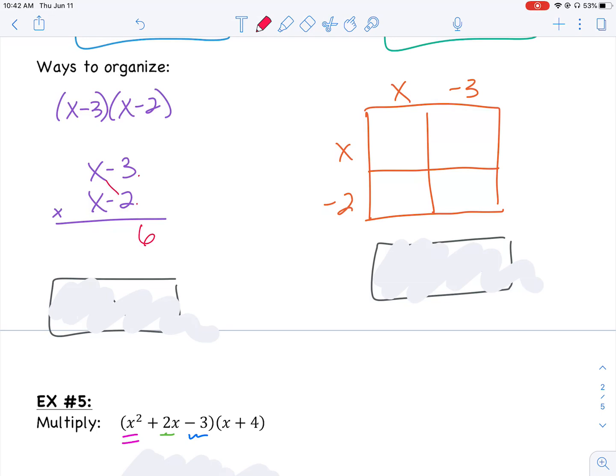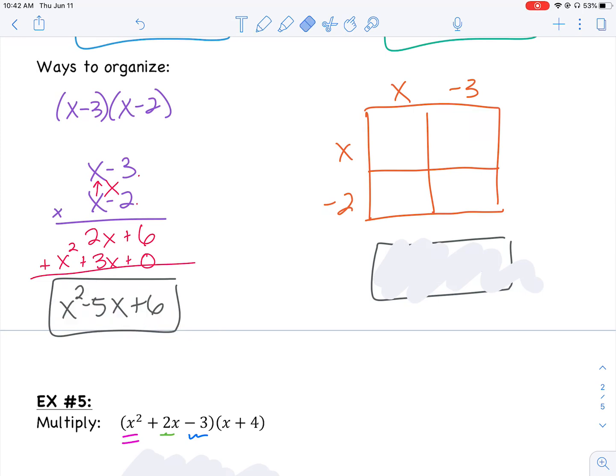Then I'm going to multiply the 2 times the x, the negative 2 times the x, and say negative 2. Remember, we carry down our placeholder. We put a 0. We multiply x times 3, which is a 3x, and then our x times the x, which is an x squared. And then from there, we add our columns together.